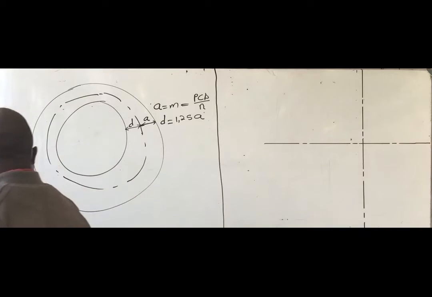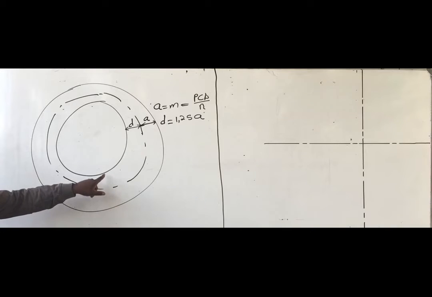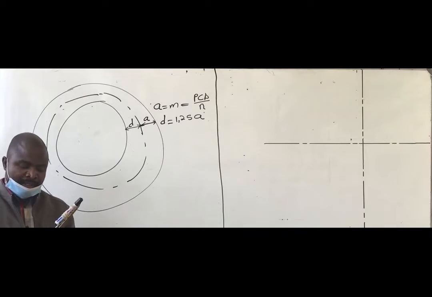We have the outside diameter, the PCD, and the root diameter. Which diameter are we given there? We are given a PCD, ne? Because we are given a PCD, let us draw what we are given.